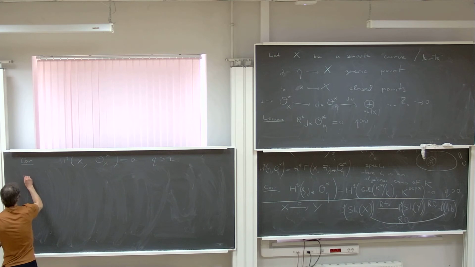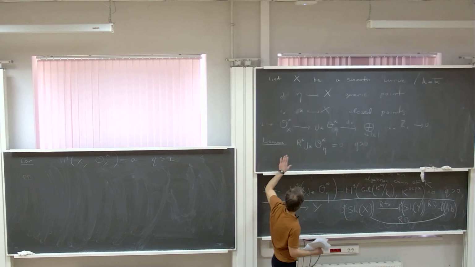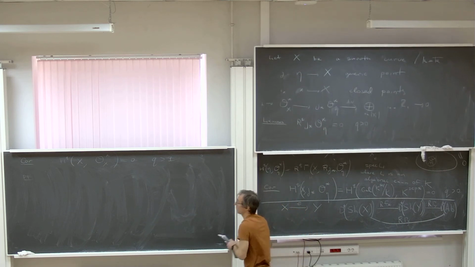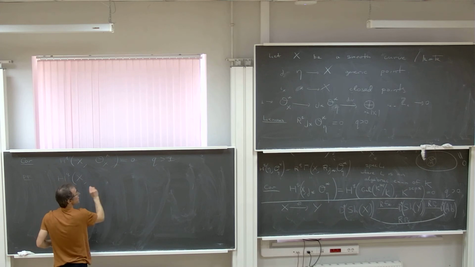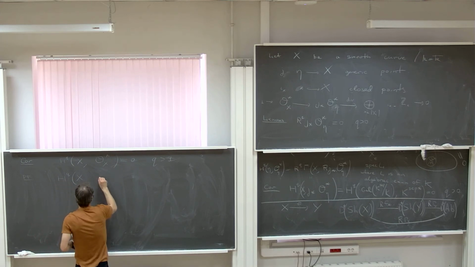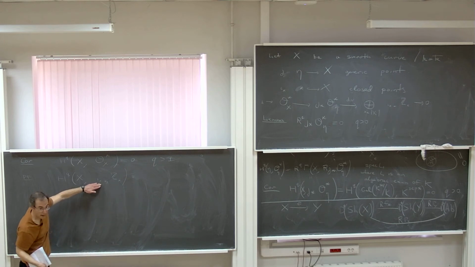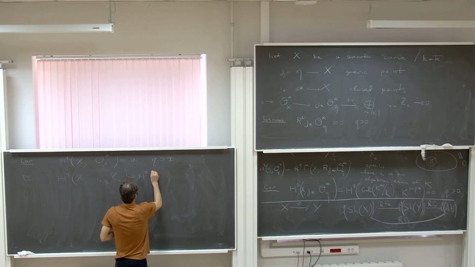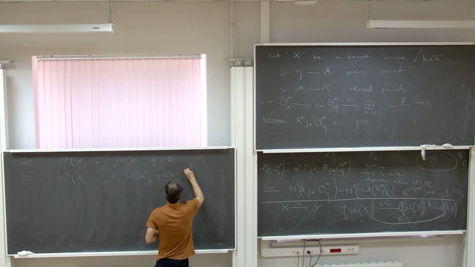So why that? Proof. You just use one exact sequence associated to this, and you observe that homology of X with coefficients in i_x star of Z_x, well, this is a finite morphism, so this is homology of Spec K with constant coefficients.